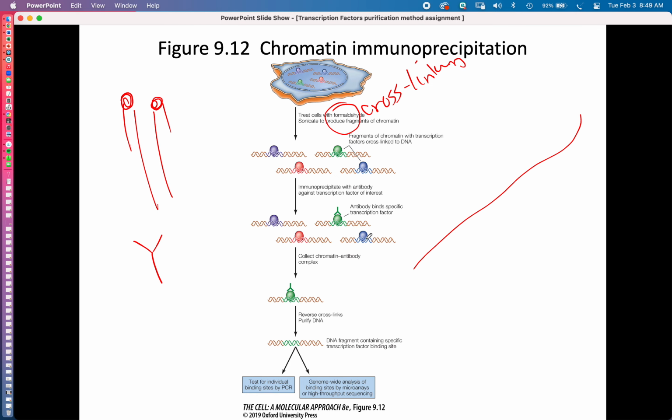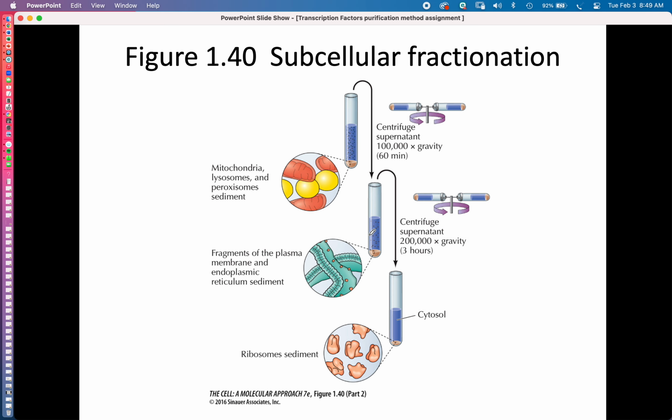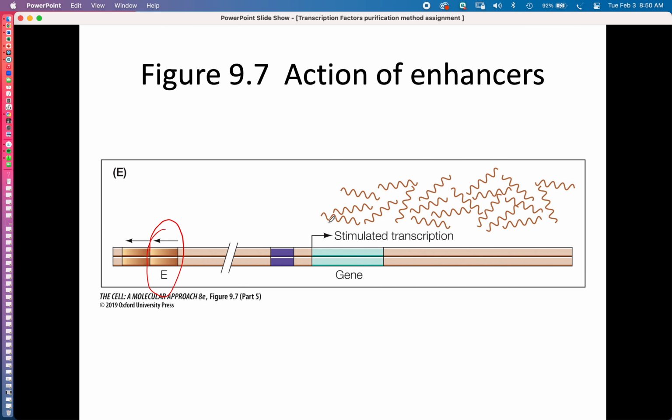So if we go back to our original example of the gene, here's this, and we have the estrogen receptor, the transcription factor, bound. What we want to do is make sure it stays bound, and the formaldehyde makes covalent cross-links randomly, quickly, between proteins and DNA, or proteins and proteins, or DNA and DNA.